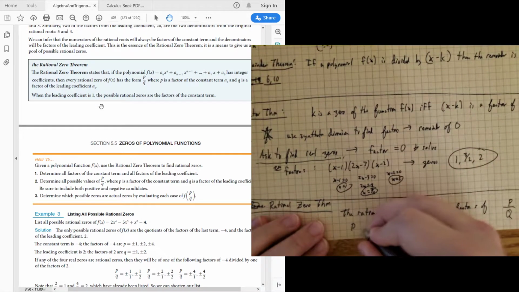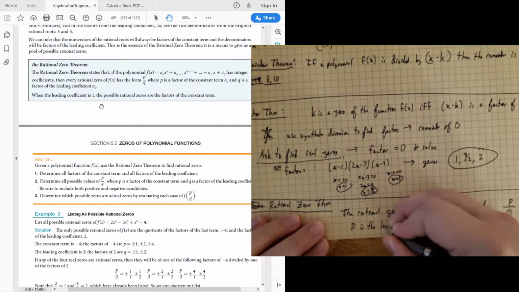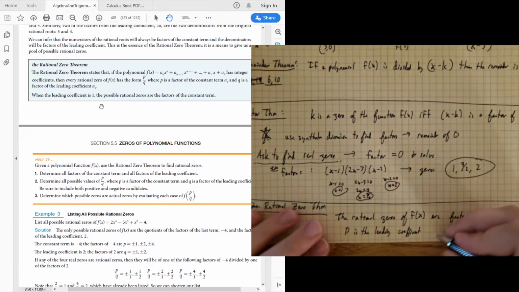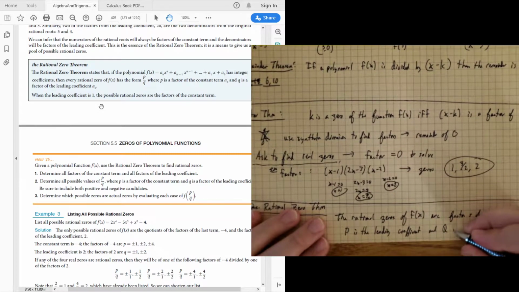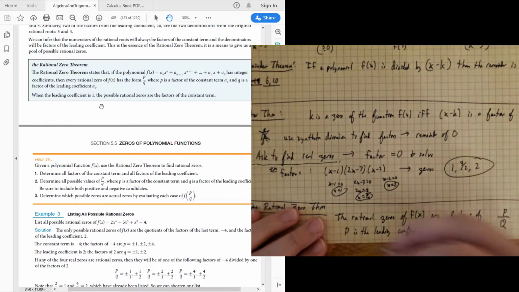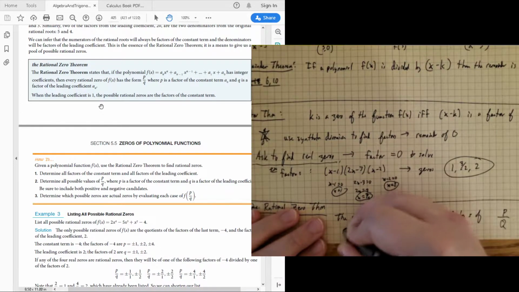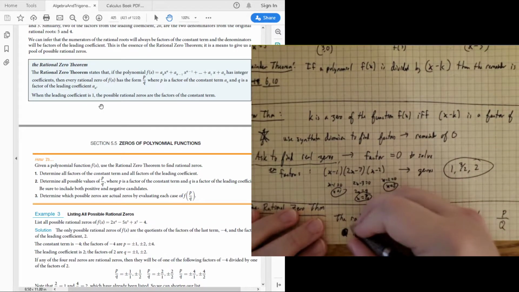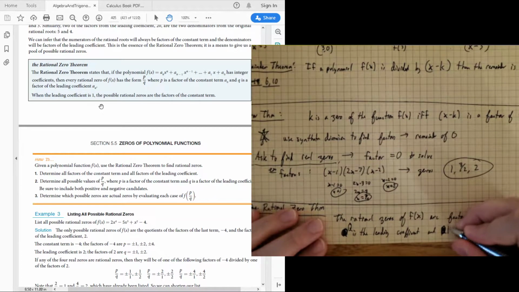In this case, p is the leading coefficient, and q is the constant. Wait. I have these backwards. I always do this the first time. Where q is the leading coefficient and p is the constant.